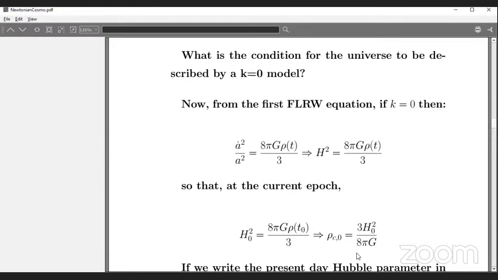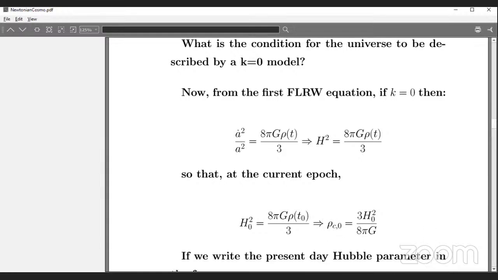So the condition that the universe is described by the K equal to 0 model is: if the mass density of the observed universe is equal to 3 H0 squared divided by 8 pi G today, then the universe must be described by the K equal to 0 model. And therefore, this quantity 3 H0 squared by 8 pi G is called the critical density at the present epoch.